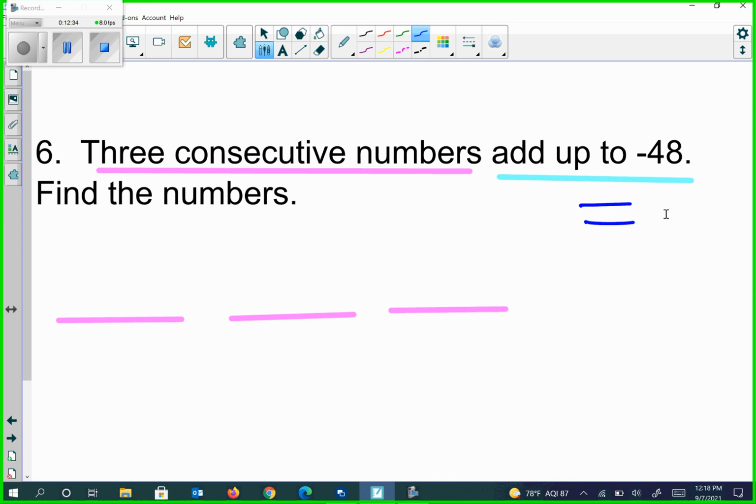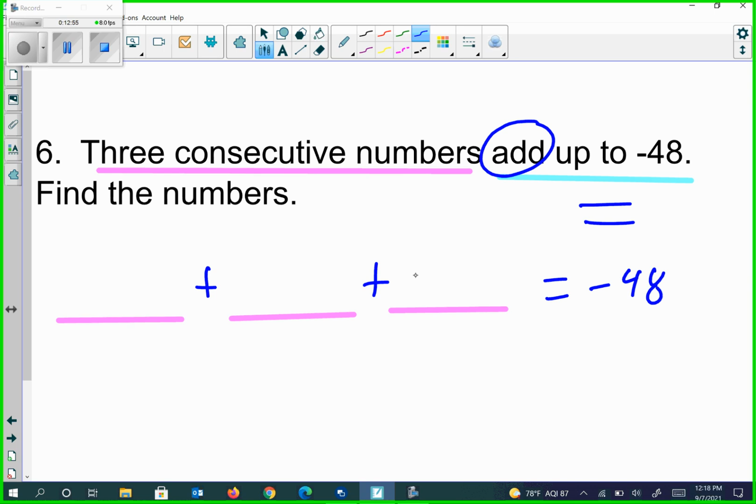All right. So this is where I lead a little bit more. I know that these will equal negative 48. Agree? So if my first 3 consecutives add up to, what does add up to mean? Plus and plus, right?